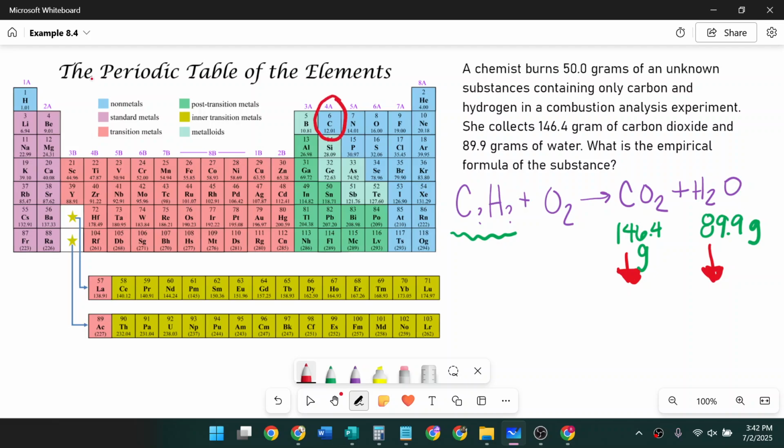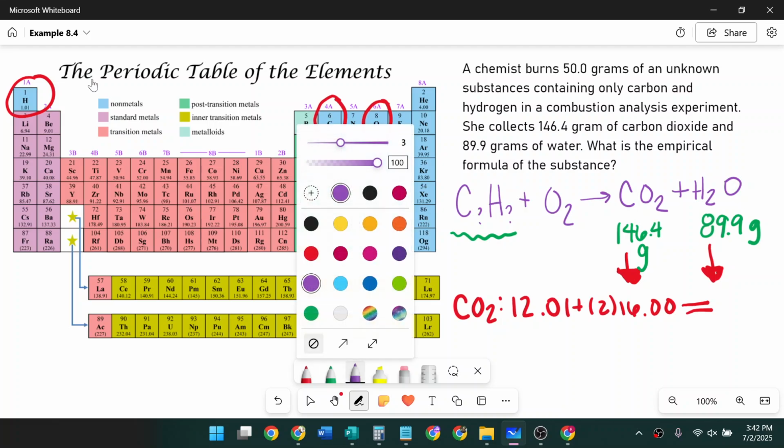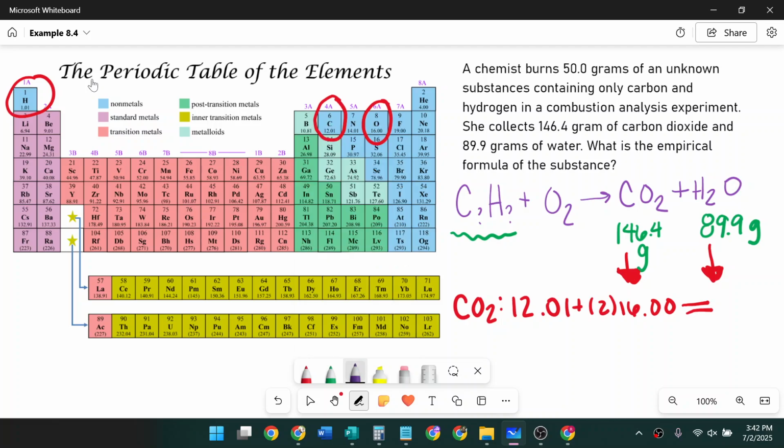So here's our carbon, our oxygen, and our hydrogen. We know how to find a conversion relationship and then how to use it. So for carbon dioxide, we have 12.01 plus 2 times 16.00, and that will give us how many grams is in 1 mole, so that we can figure out how many moles of carbon dioxide we used.